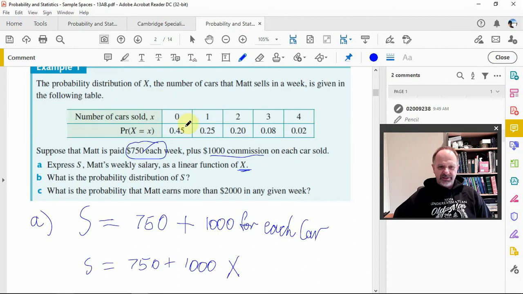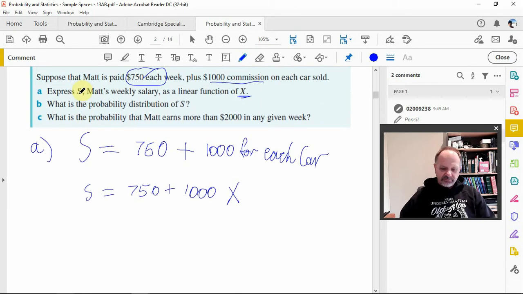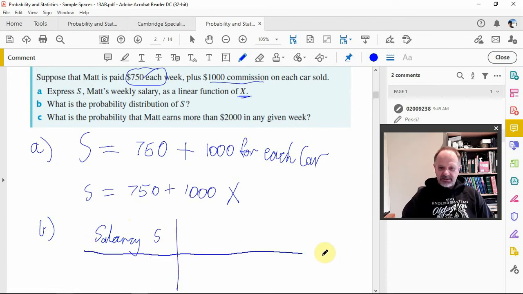So now we're going to change this from X to S. So this is numbers of cars sold. Now we're going to look at salary. Because his salary relates to how many cars he sells, that now means that we need to look at his salary, and that's S. And so what is his salary? Well, if he doesn't sell any cars, he still gets $750.